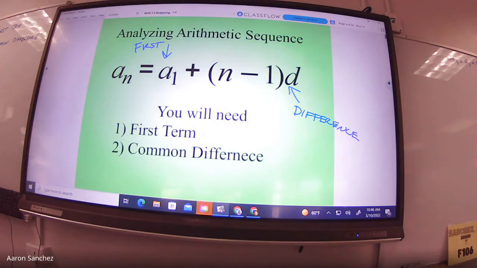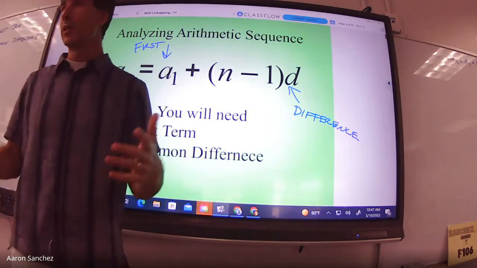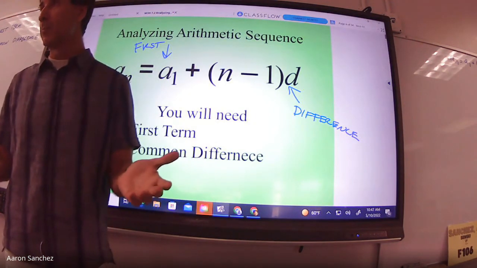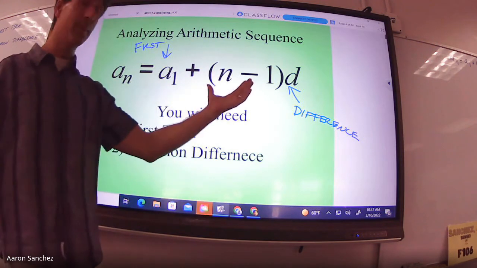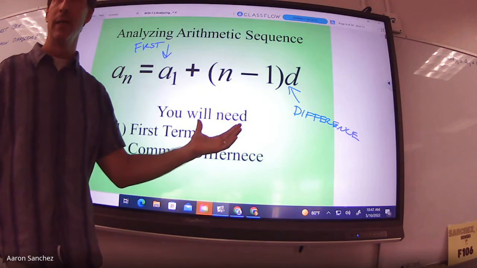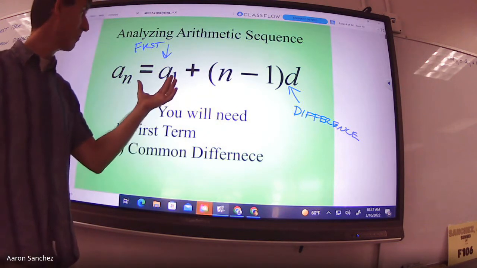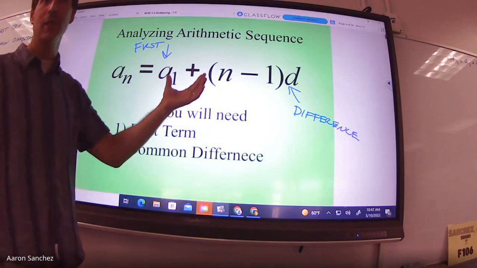What's going on? Oh, we're just trying to find the first term. We're going to do another calculation, oh, we're trying to find the common difference. If we're given the first term and the common difference, you don't have to do as many calculations, and we'll be able to solve the rule, okay? But sometimes we're not going to have the first term. So you have to figure out the first term, and then you can figure out the rule.